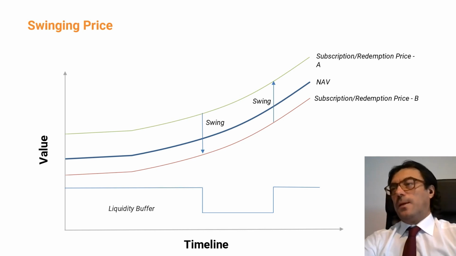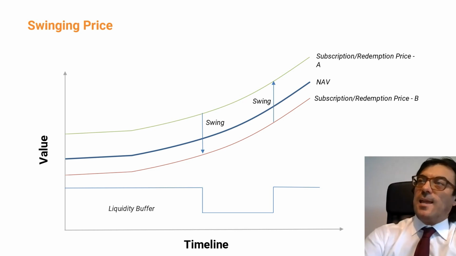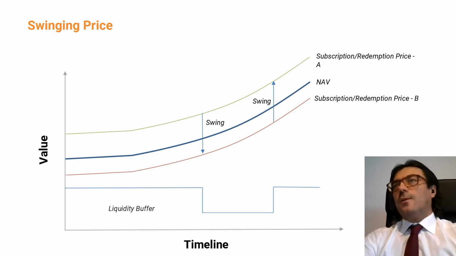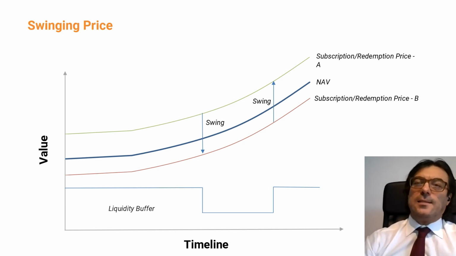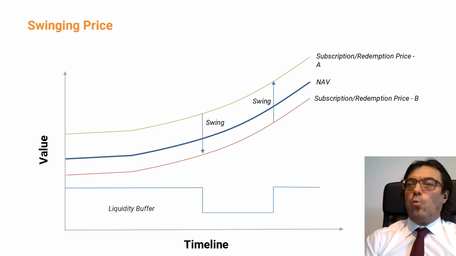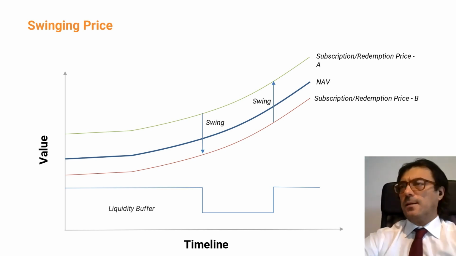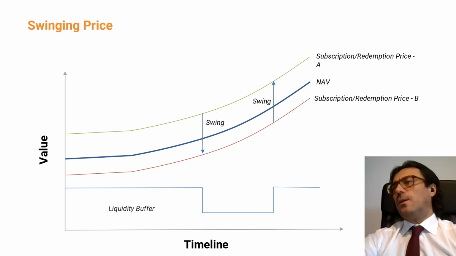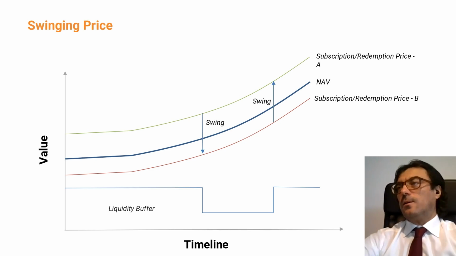Then the manager typically starts selling some properties, and the liquidity buffer increases, at which point the price swings again to the green line. So this swinging price essentially replicates what typically will happen on the listed market, but driven by the internal liquidity of the fund.